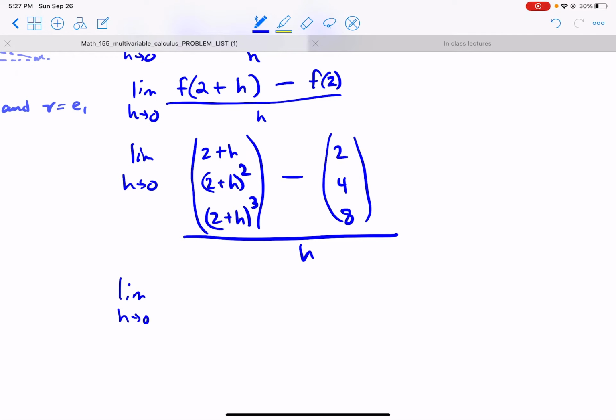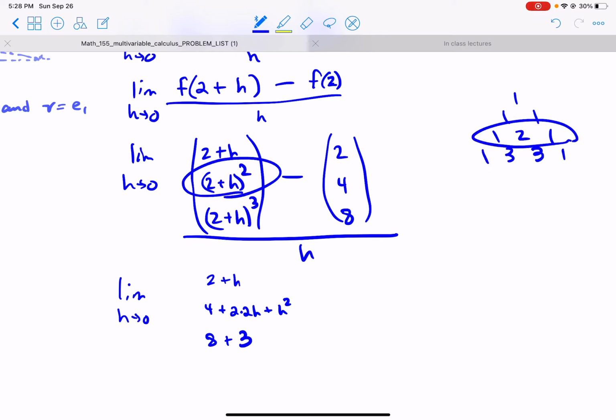Okay, so I can expand this. What I have is a 2 plus h. Then I have 4 plus 2 times 2h plus h squared. Then here I have 2 to the third is 8, plus 3, so I'm remembering my Pascal's triangle. When I'm squaring, I needed that extra 2.